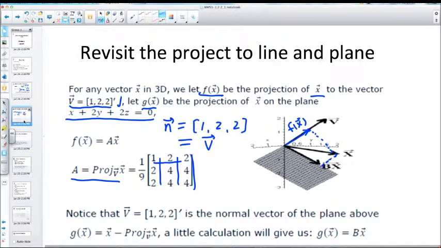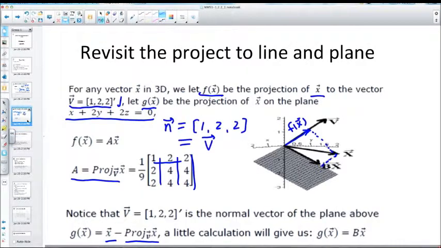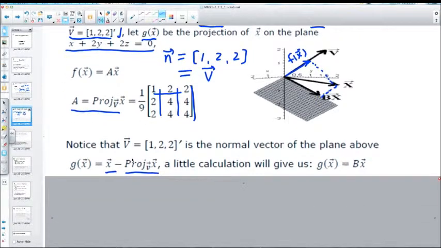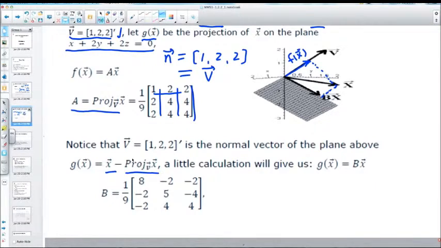So to project X onto the plane, all I need is to subtract the projection Fx from X. We did this in the last lesson, so I'm not going to repeat it. So we get the B matrix as the projection onto the plane as follows. The B is this: 1/9 times 8, -2, -2, and so on.